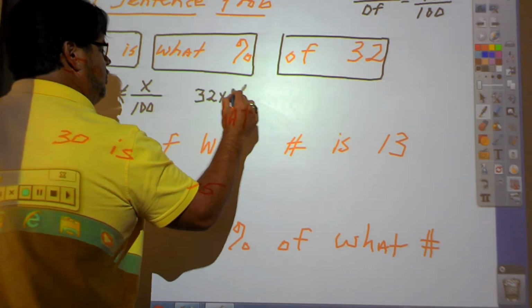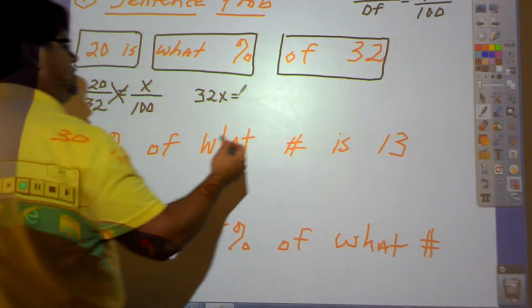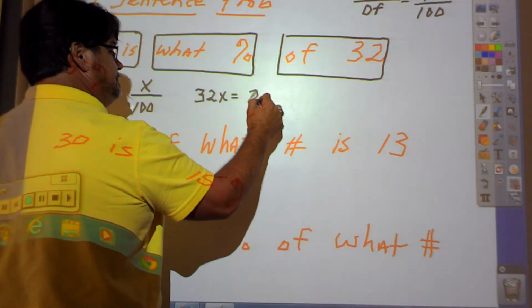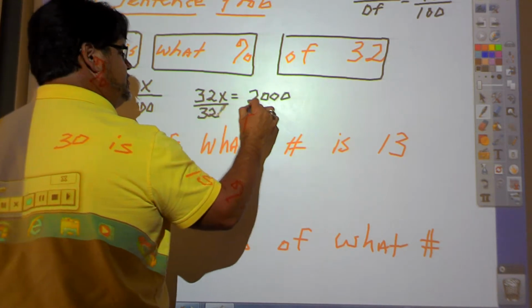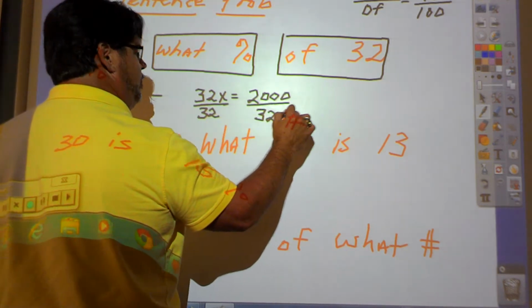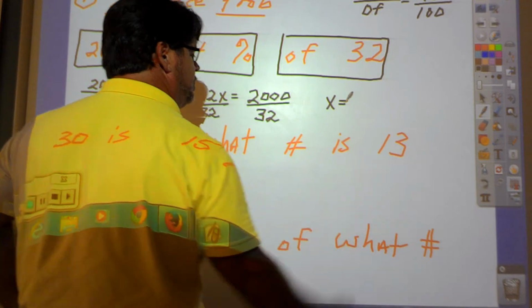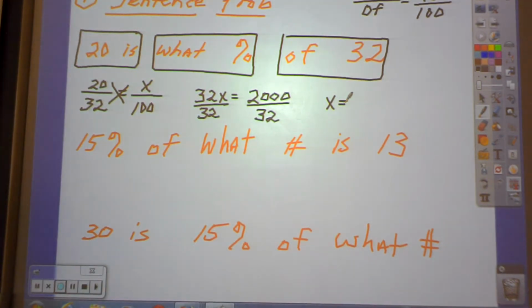32x is equal to 2,000. And somebody divide 32 into 2,000. What do you get? A calculator.